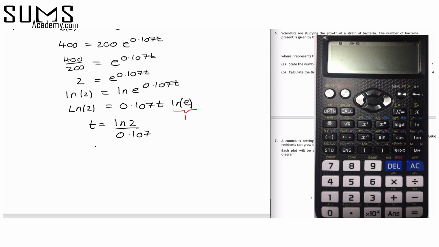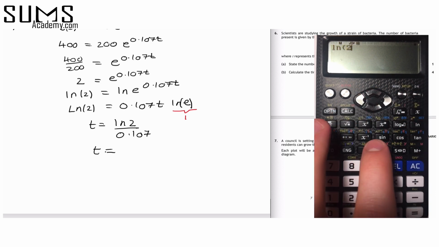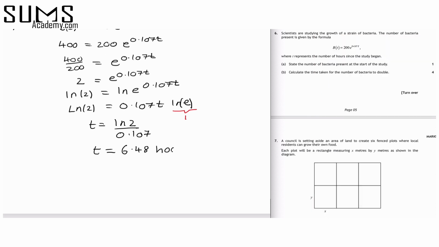Put this into your calculator: ln 2 all over 0.107 is 6.488. Remember we have a unit, so it's going to be hours. That's your final answer there.